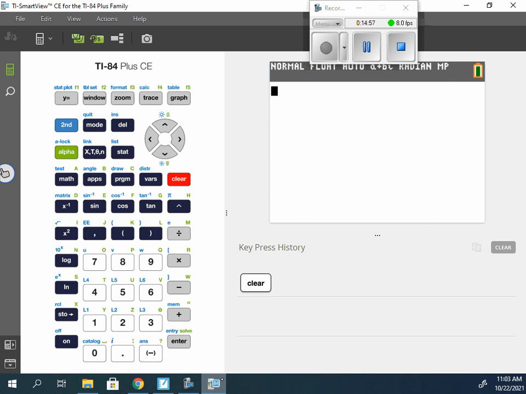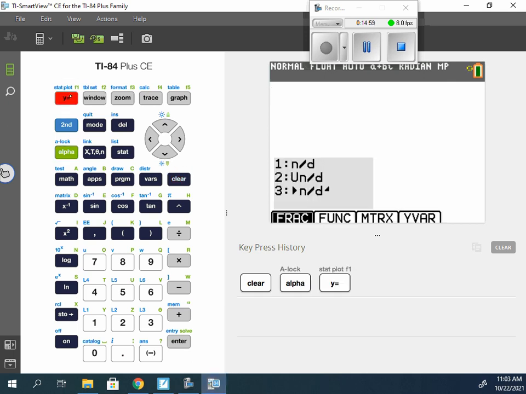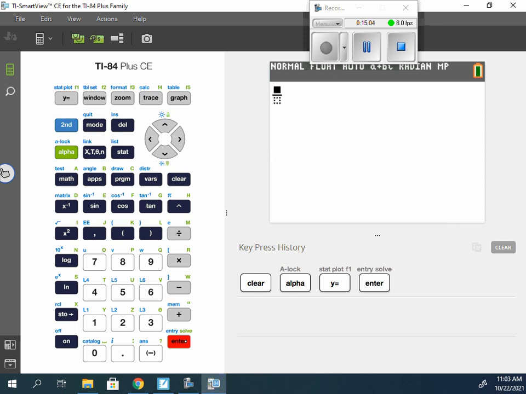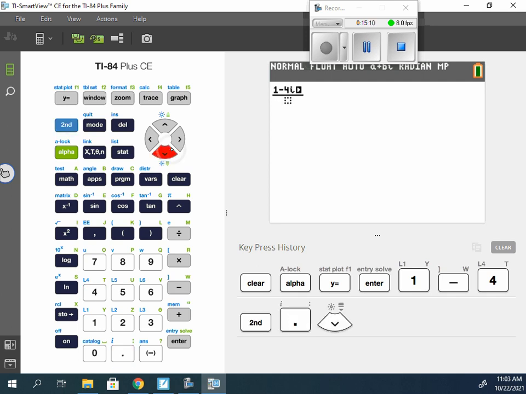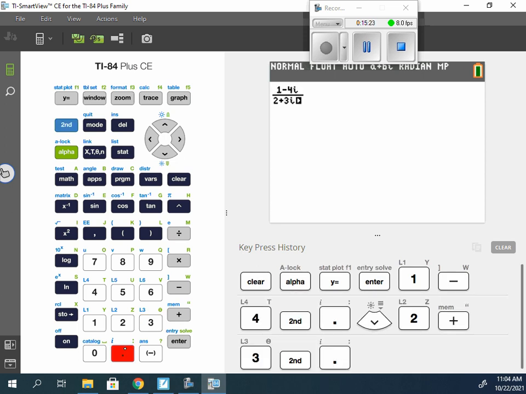Alpha y equals, enter, and then we have 1 minus 4i over 2 plus 3 second i. And what happens when we hit enter?